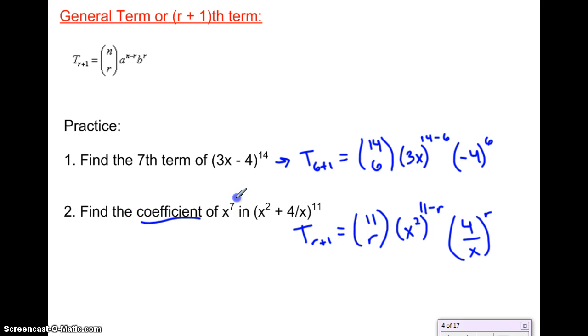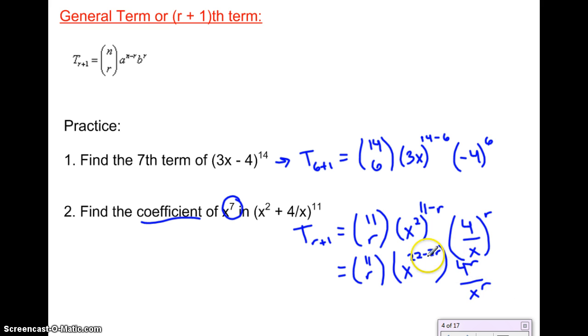So if I'm thinking about x to the 7th, here's my x, so this is going to be affected, and this x down here is also going to be affected. So let me simplify this a little bit. 11 choose r. And now I can actually say x to the 22nd minus 2r if I distribute that. And then I also have 4 to the r over x to the r.